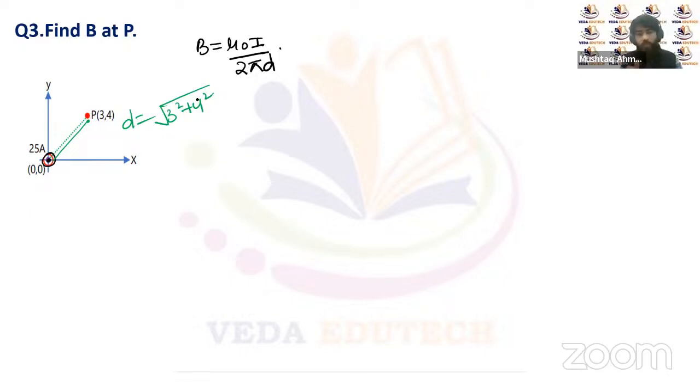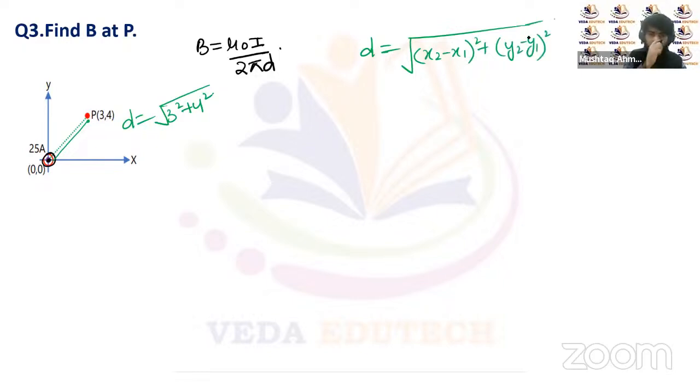For any 2 points, the distance between them is the square root of (x2 minus x1) whole squared plus (y2 minus y1) whole squared. We have used this equation to calculate the distance between the origin and the point P. So it will be the square root of 3 squared plus 4 squared, that is root of 25, right? So the net distance between the origin of this Cartesian system and this point P will be 5.